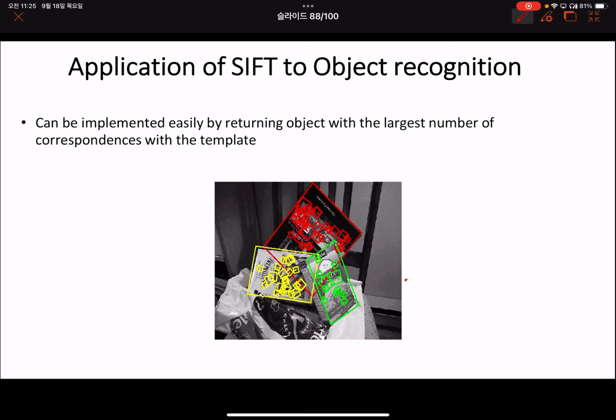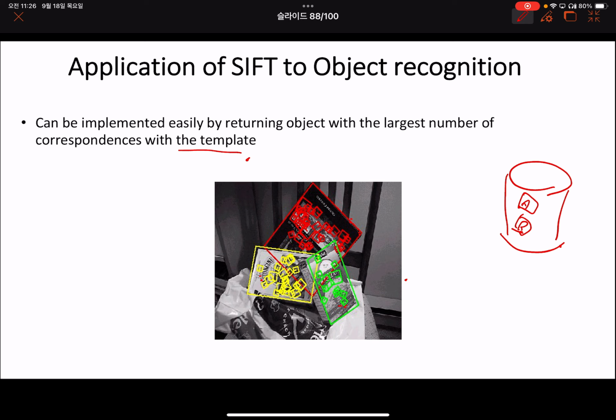Back in the day, object recognition was based on templates, so it was about finding the same object from a database. We have in the database some template of this book, template of this book, and the old algorithm tries to find where template A exists.